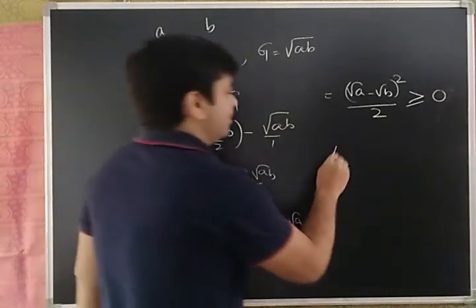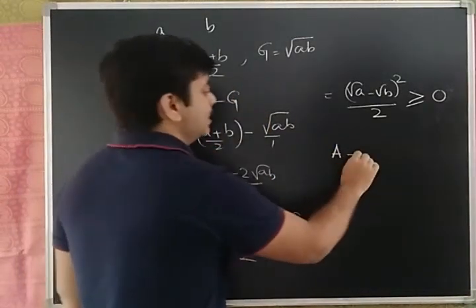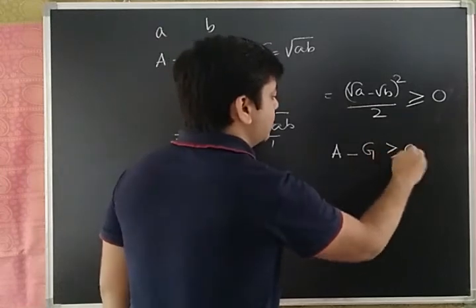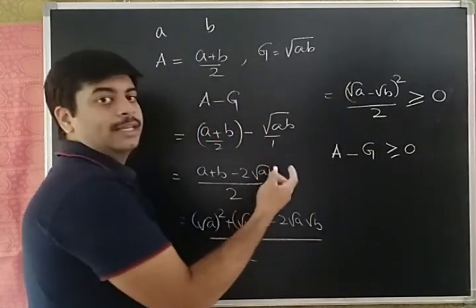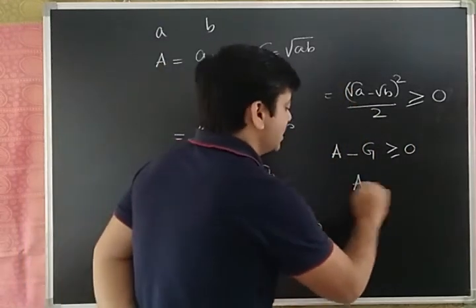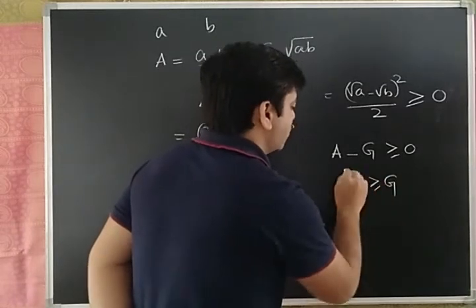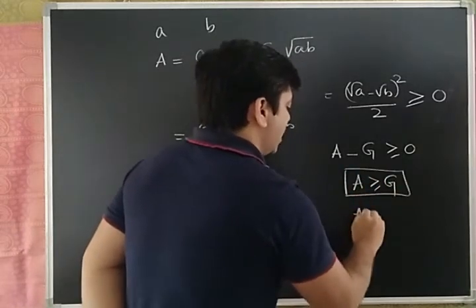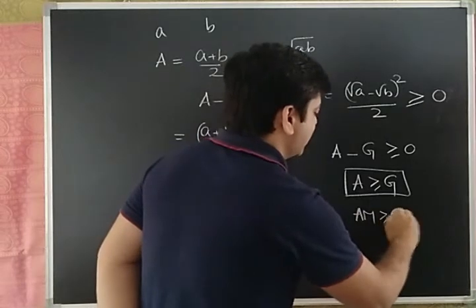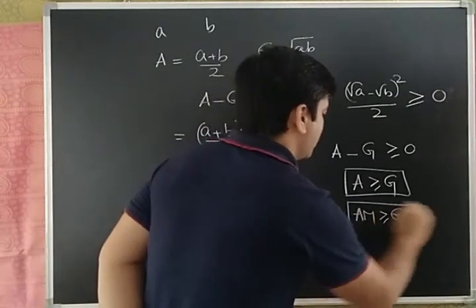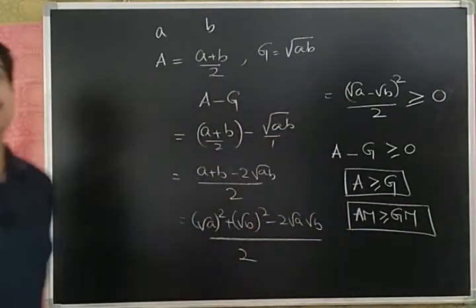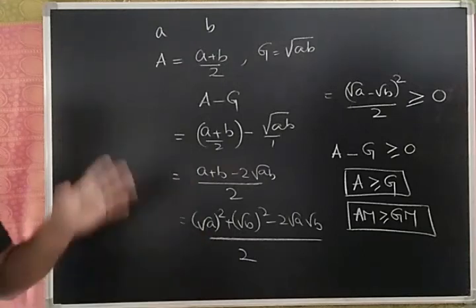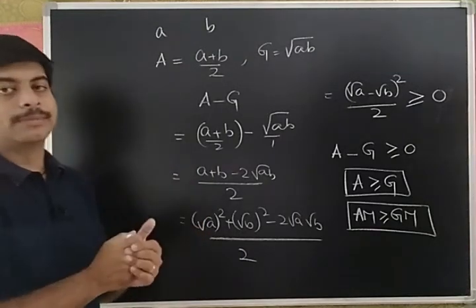So arithmetic mean minus geometric mean, A minus G, is always greater than or equal to 0. So the relation between arithmetic mean and geometric mean can be written as A is greater than or equal to G. Arithmetic mean is always greater than or equal to geometric mean. So that is the relation between arithmetic mean and geometric mean.